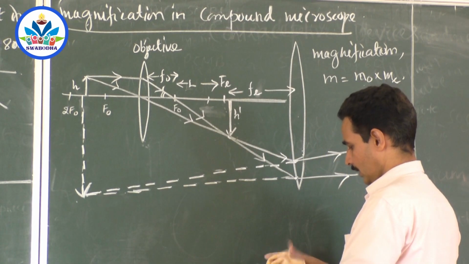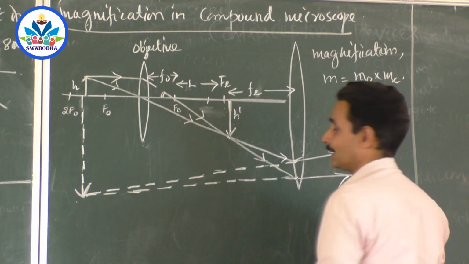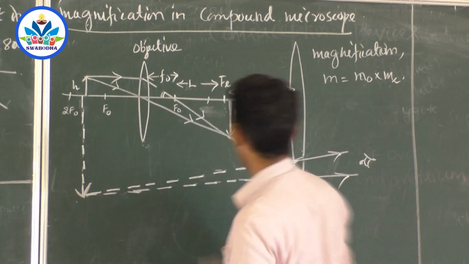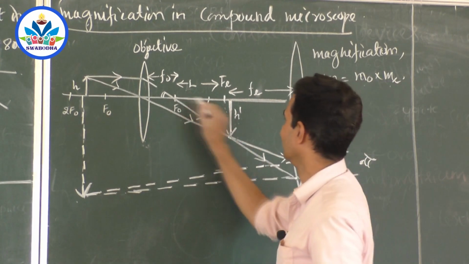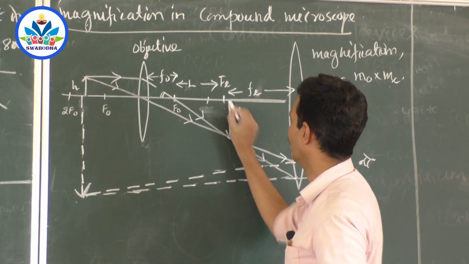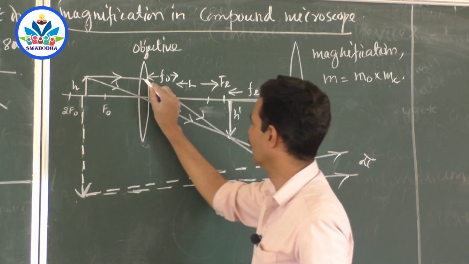That angle as beta, because if I want to find out the magnification, I have to find out h dash by h. So if I want to get h dash and h, you see in which triangle you get h dash and h? One is here, in which one side is almost the tube length, another side is h dash. What about this triangle?